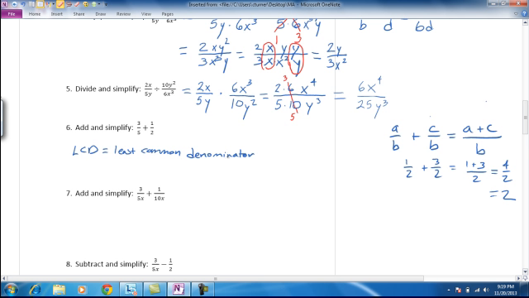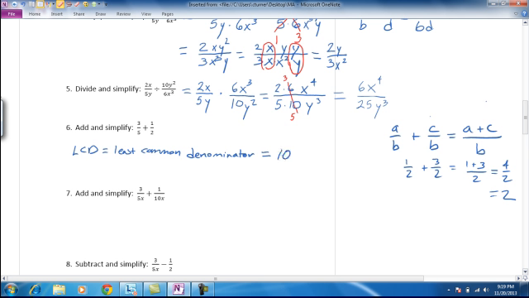The least common denominator is the smallest number that both denominators divide into. Looking at 2 and 5, the smallest denominator that 2 and 5 both divide into happens to be the product of the two, 10.